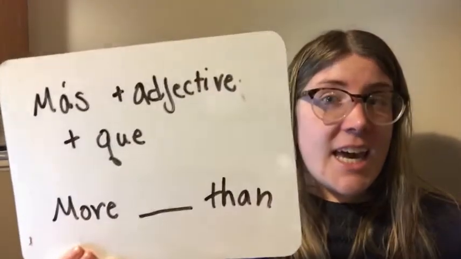This says more blank than. Más bonita que, more pretty than. Más caro que, more expensive than. So más, plus an adjective, plus que, more than. All right, our next one is tan como. So our first one, más que, this one, tan como. Tan plus an adjective plus como.